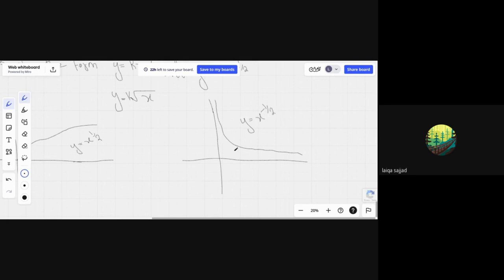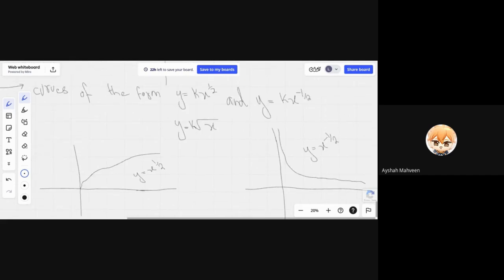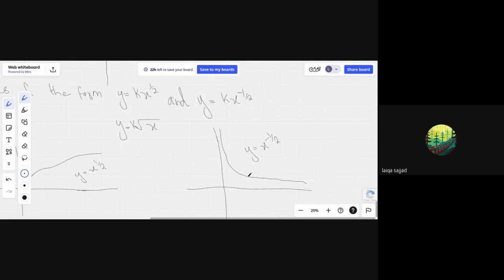Both of the coordinate axes are the asymptotes. What do we mean by asymptotes? Lines that don't touch a certain point on the axis. Yes, very good. In this graph, both of the coordinate axes will be the asymptotes.